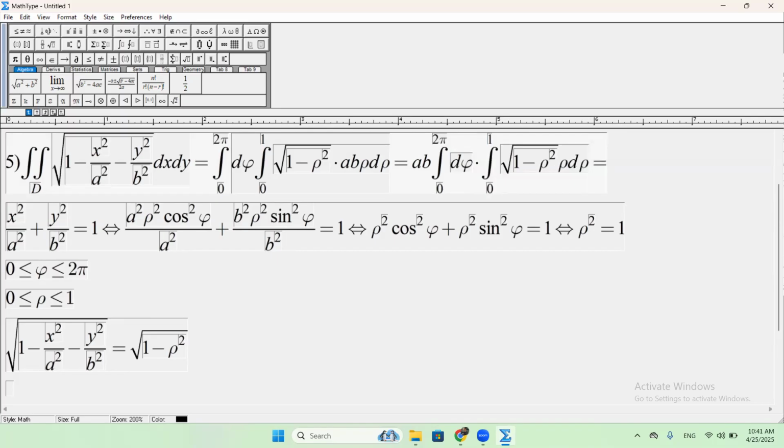And what do we have? This integral will be equal to 2 pi ab times this integral.